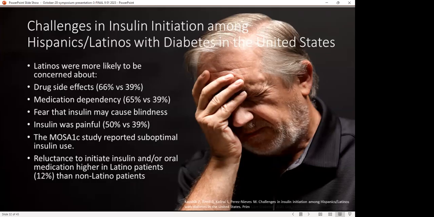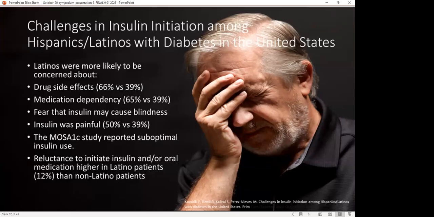And one of them is challenges with Hispanic Latinos in insulin initiation. Now, this may not occur with every Hispanic subgroup. Just like I mentioned with that first example with the Mexican and Puerto Rican, this is not homogeneous with all the Hispanic subgroups.